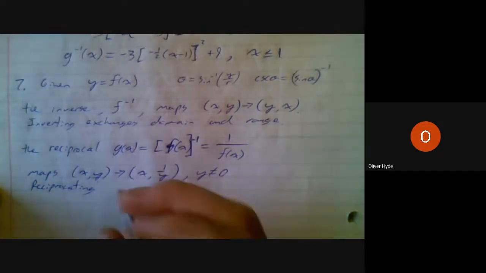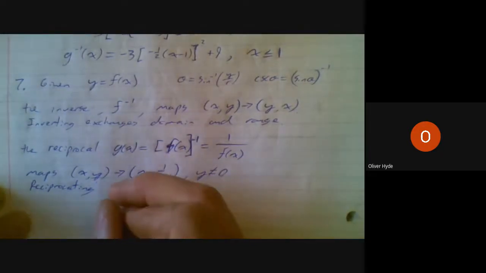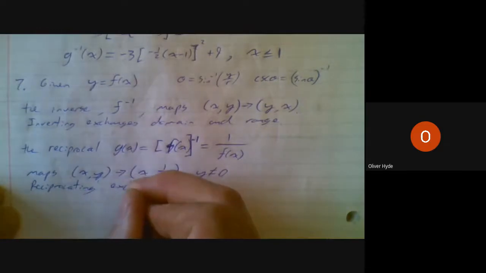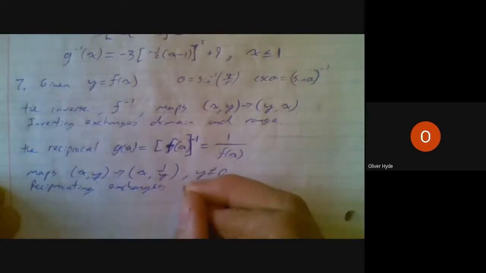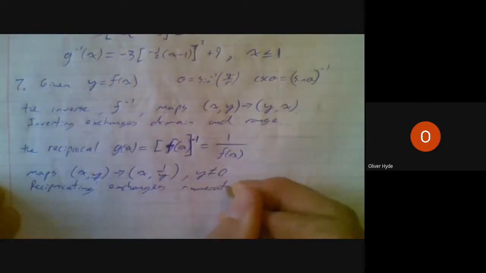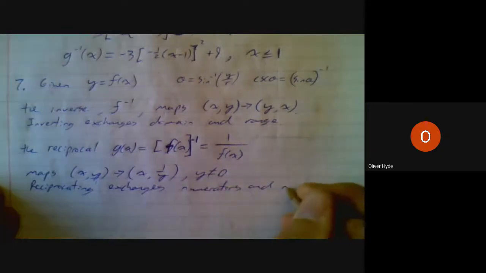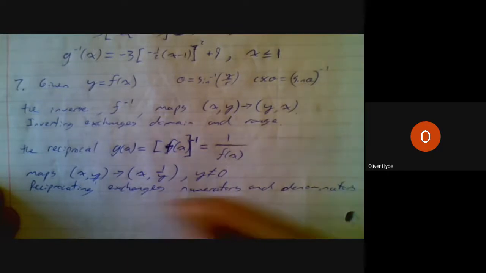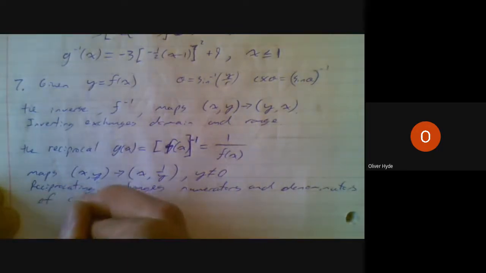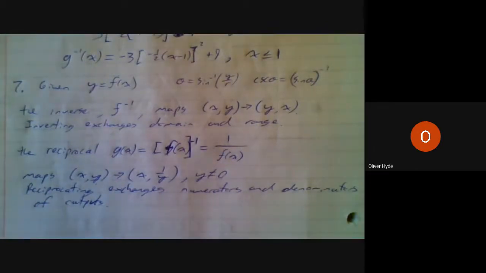It's an exchange of the numerator and denominator of outputs. Reciprocating exchanges numerators and denominators of outputs. I've already mentioned the restriction there, so.